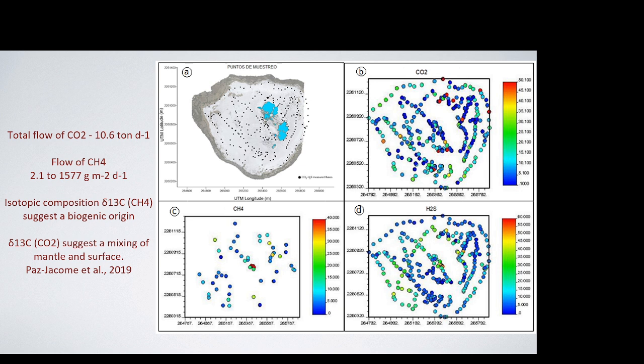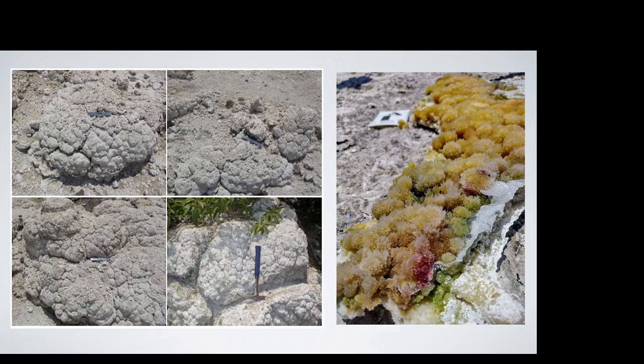And the isotopic composition of the methane suggests a biogenic origin, but the isotopic composition of the CO2 suggests a mixing of a mantle source and a surface source. And here you can see the distribution of the measurements, and you can see that there are hot spots where gas is coming out of the crater.